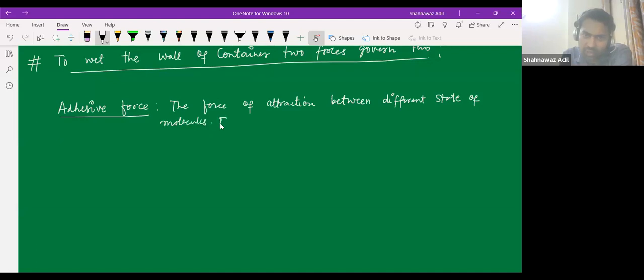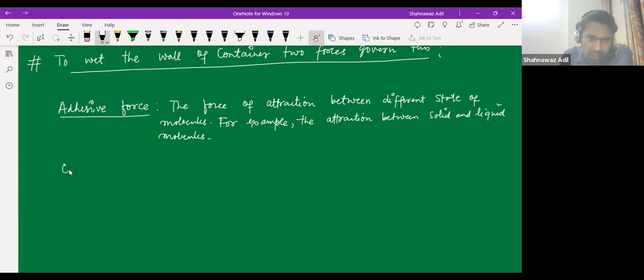For example, if you have this glass and this water, the attraction between solid and liquid molecules, right? And the other one is the cohesive force.